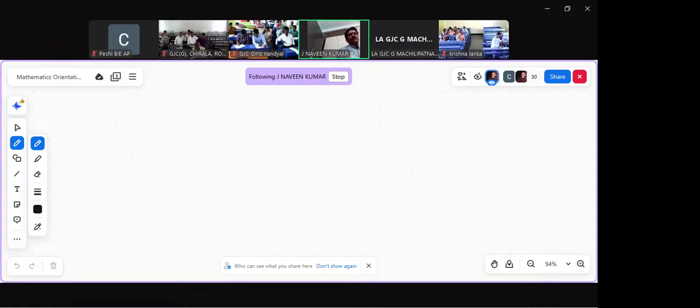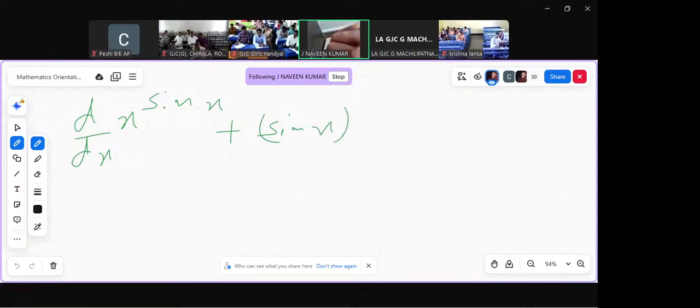Now the 7 marks question in our textbook: d by dx of x power sin x plus sin x to the power of x. Simply apply the same shortcut separately for this x power sin x.